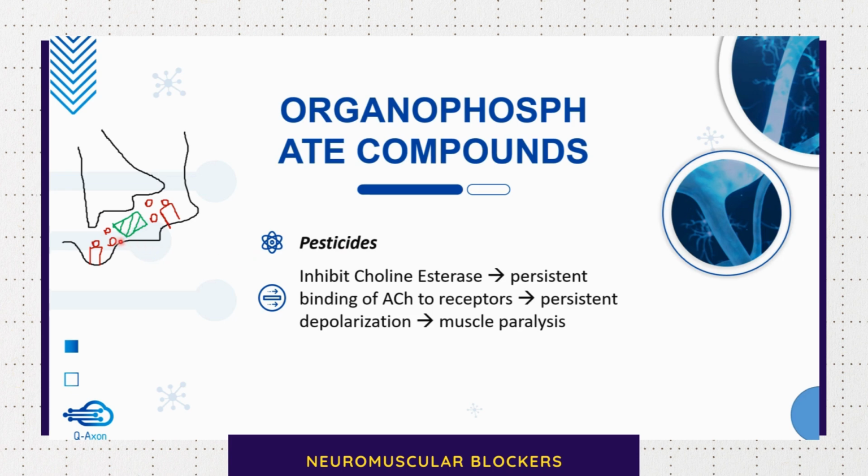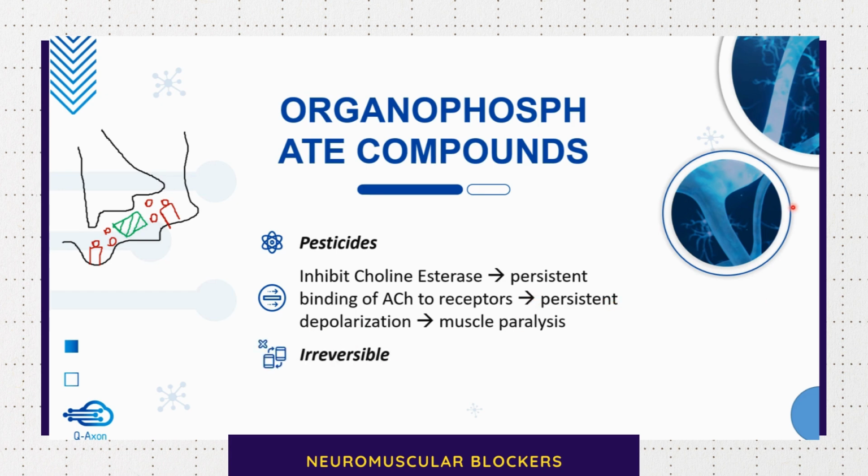So, these molecules block the enzyme cholinesterase. And because of this, the free acetylcholine in the cleft is not degraded. Therefore, the bound acetylcholine cannot detach, and this leads to persistent depolarization and therefore muscle paralysis.